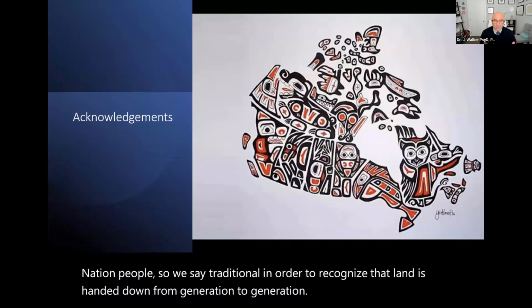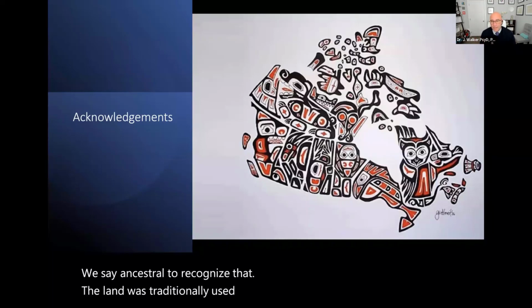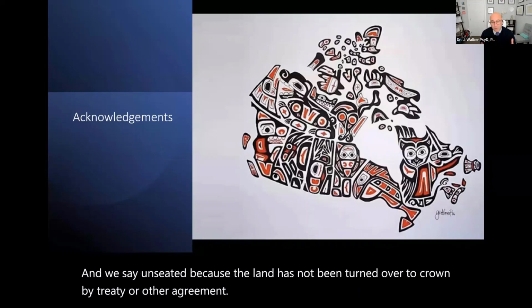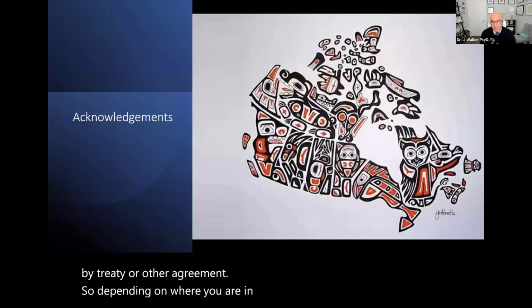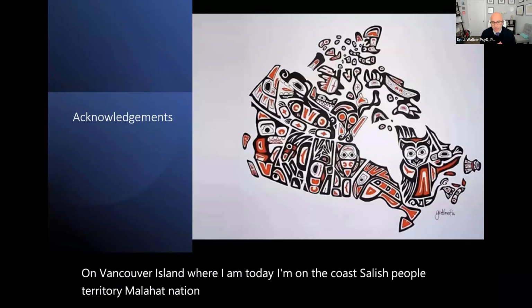We say ancestral to recognize that the land was traditionally used for fishing and hunting and gathering. And we say unceded because the land has not been turned over to the Crown by treaty or other agreement. So depending on where you are in Canada, on Vancouver Island, where I am today, I'm on the Coast Salish people territory, Malahat Nation, and Cowichan tribes.